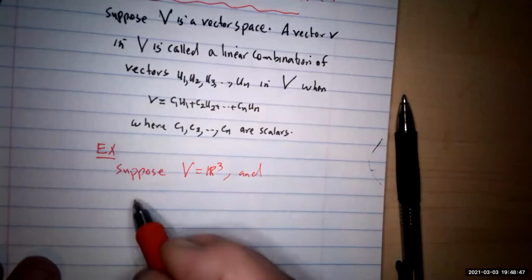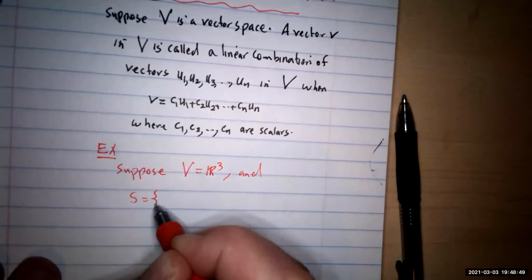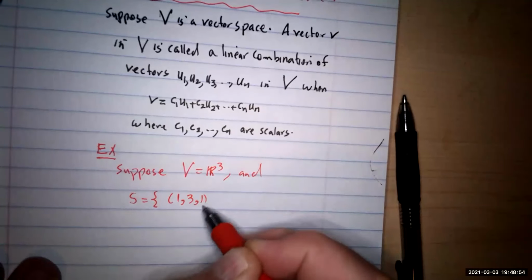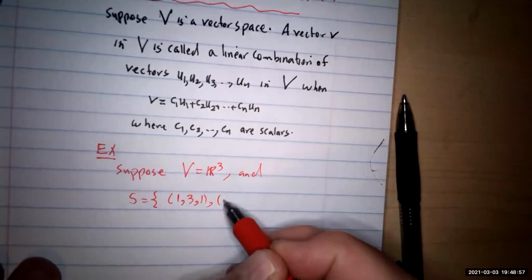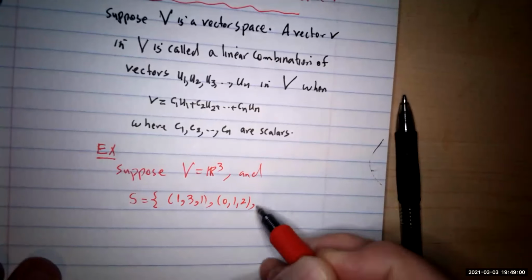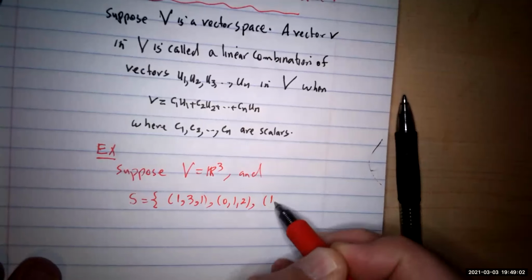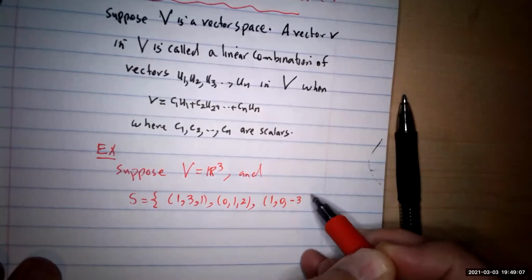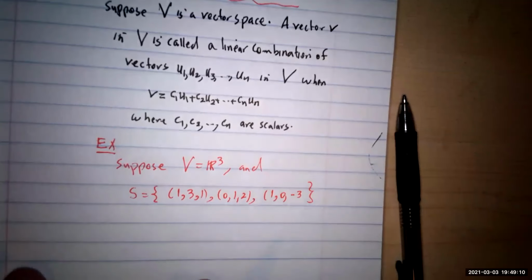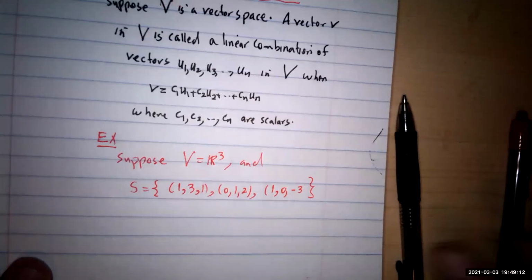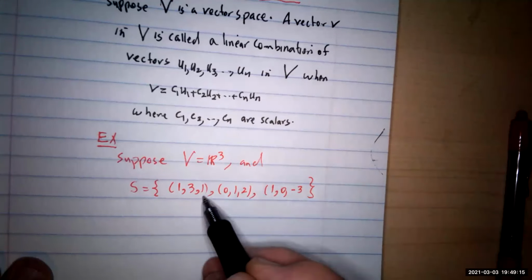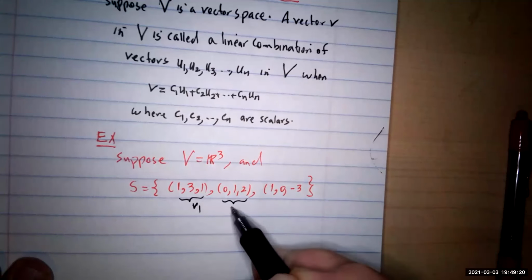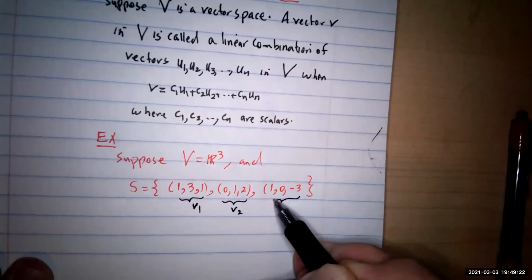Let's call this a set S, which consists of these three vectors: (1, 3, 1), (0, 1, 2), and (1, 0, -3). I'm going to call this one V1, this one V2, and this one V3.